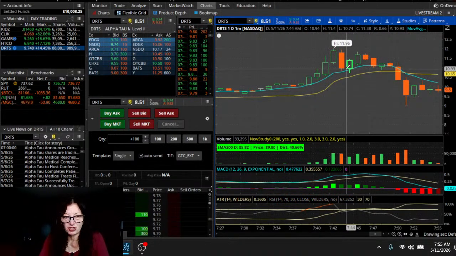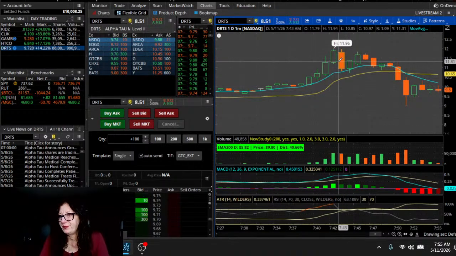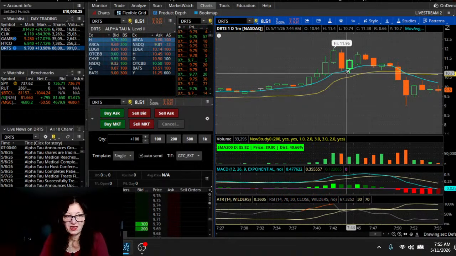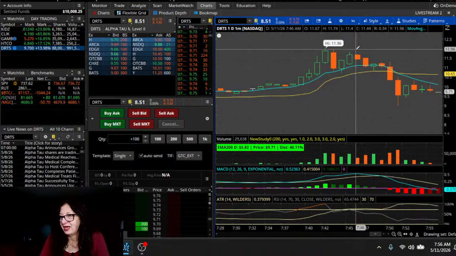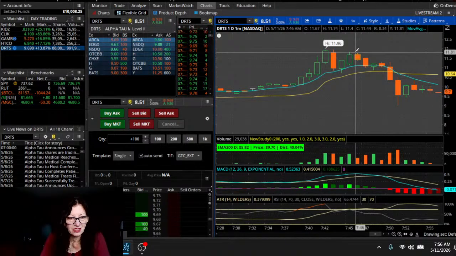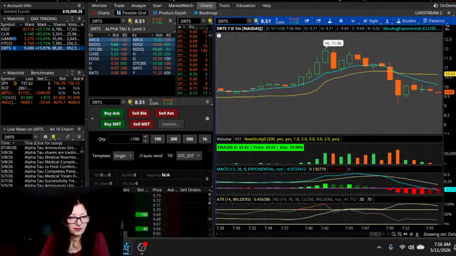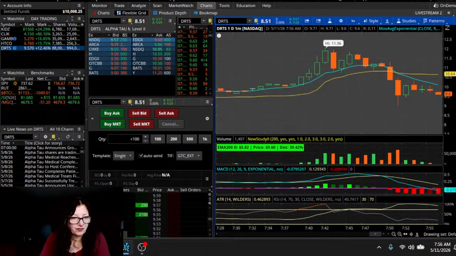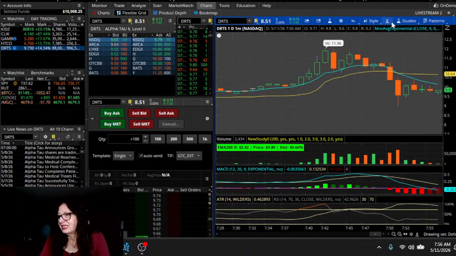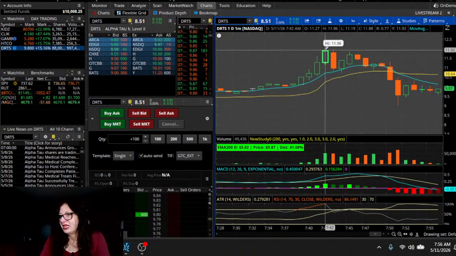This is the initial pullback. I pulled back about 50% of the initial leg. This is the final leg, and where am I looking to get in? So I would be looking to get in up here, right? When it hits this level.